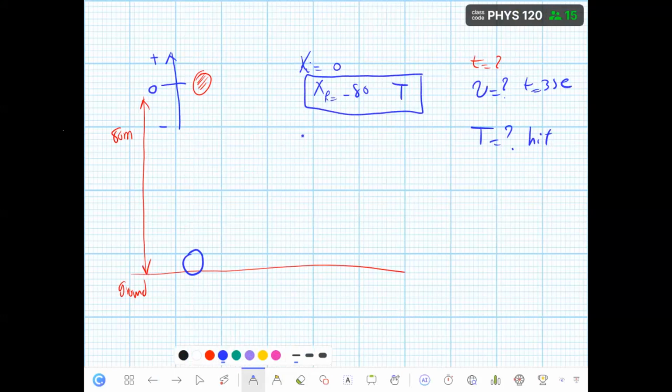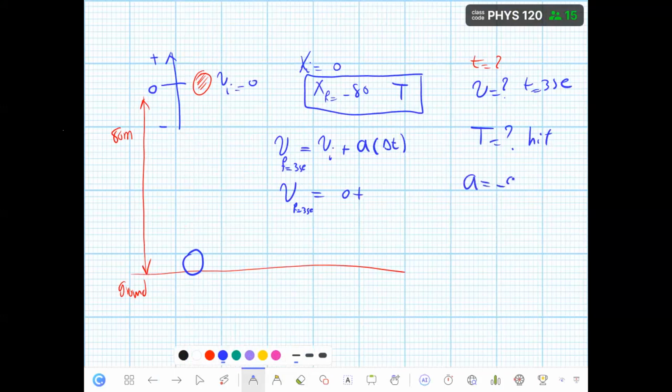The first part is asking what is the velocity. V final, it means after 3 seconds, equals initial velocity plus acceleration multiplied by delta t. So what is the initial velocity here? Because you drop the ball, it is 0. Plus acceleration.